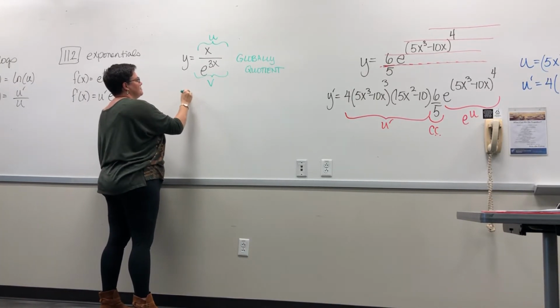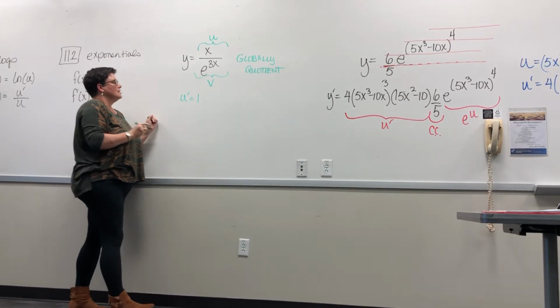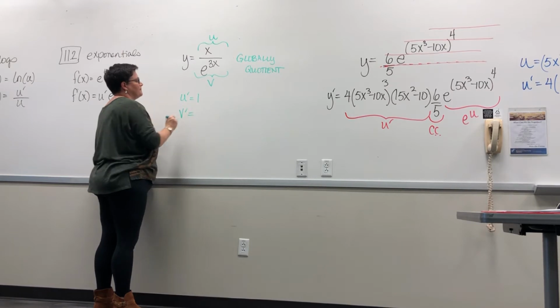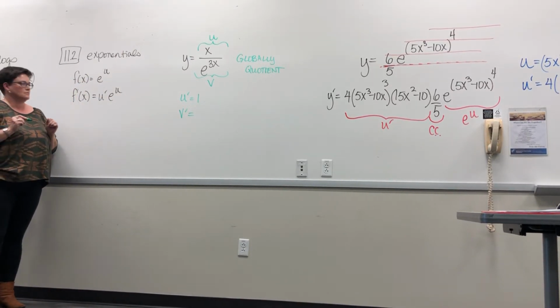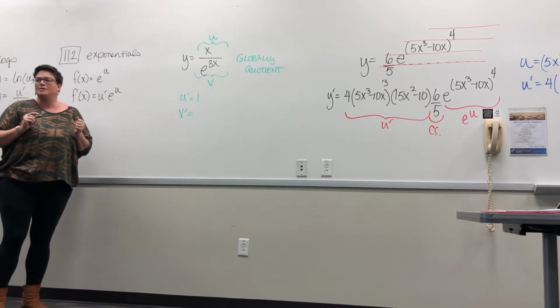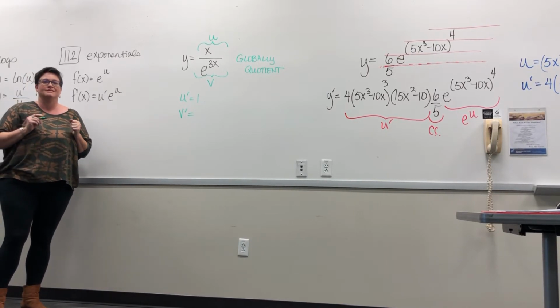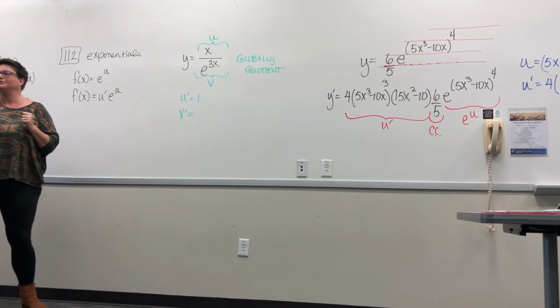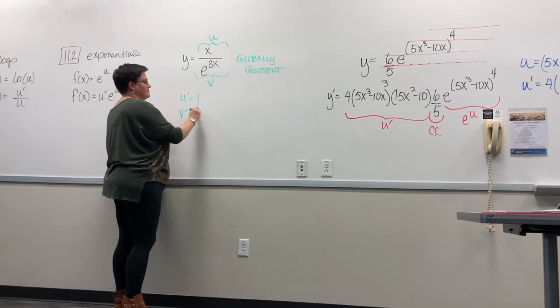So then my u prime becomes 1. Okay. And what's my v prime? And this is what I was talking about, Caitlin, with nested u's. So now I have a u in my v. I got chocolate in my peanut butter. Then it'd be 3. So what's my v prime? 3 times?